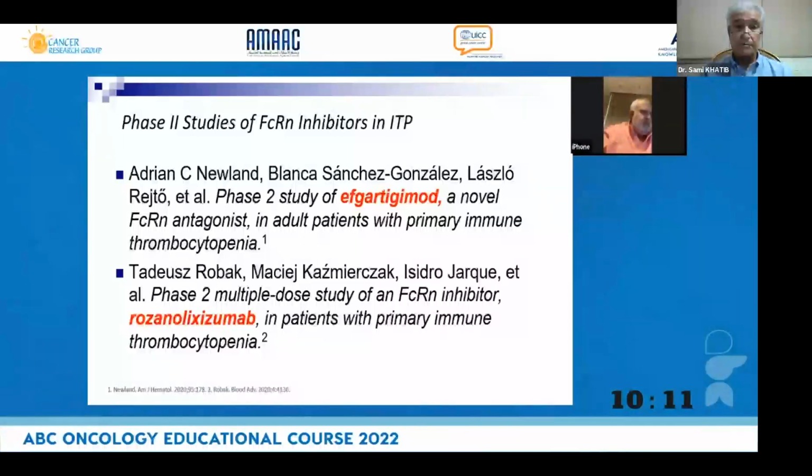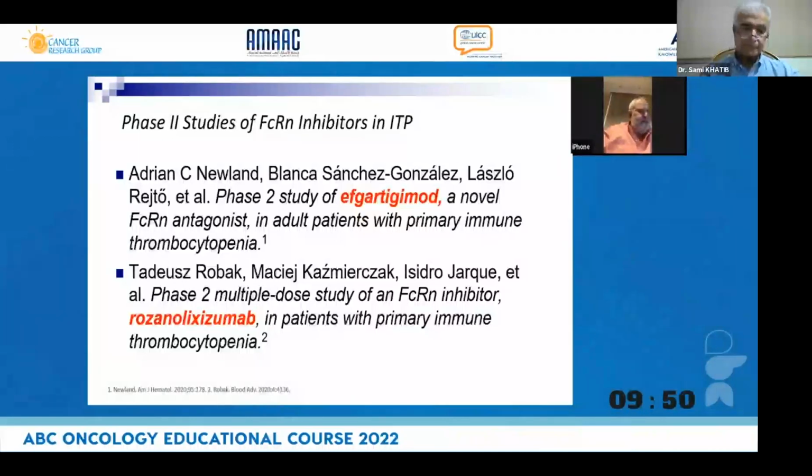the most important thing was, first of all, the safety was good. There wasn't any trend of infection and headaches, the thing that you see when you are attacking this coalition between the immunoglobulin and the receptor.